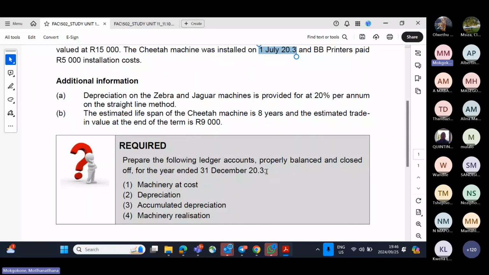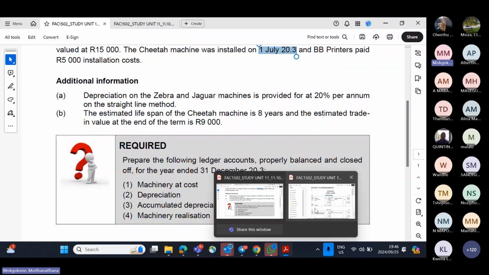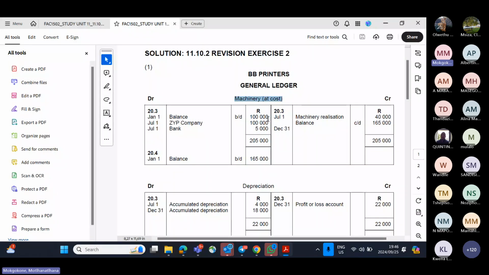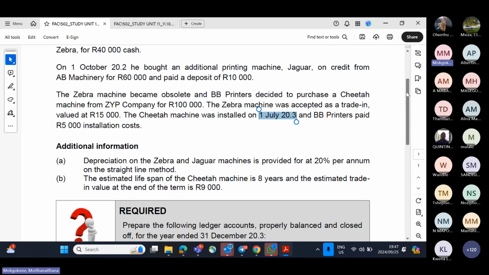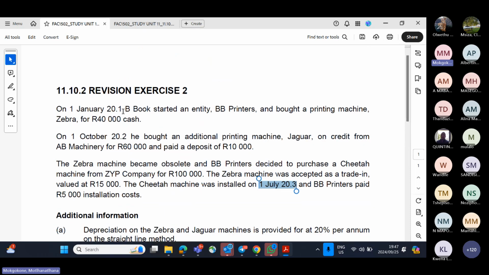That means the previous year, 20.2, it will be the closing balance, but it will be the opening balance for the current financial period. If they see here, this 100,000 is for the previous 2 machines. Let me go to the, so that they can see. The 100,000 is for this machine bought on 1st of January 20.1 for 60,000.